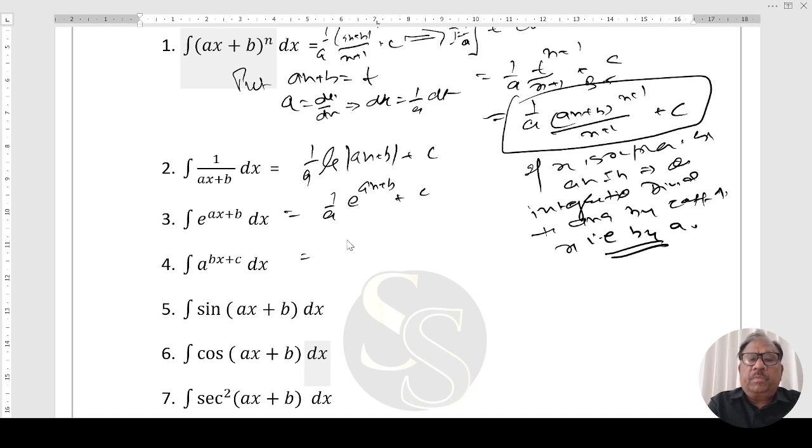Then e to the power bx plus c gives 1 by b, a to the power bx plus c divided by log of a plus c.